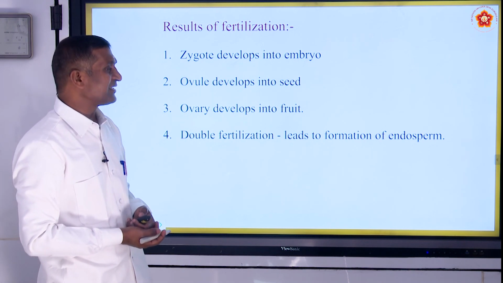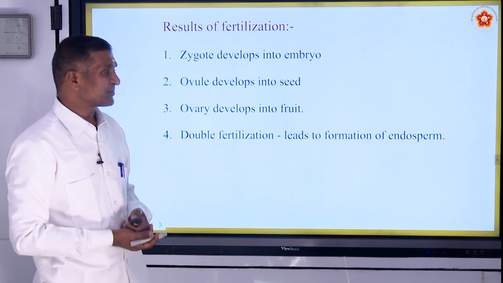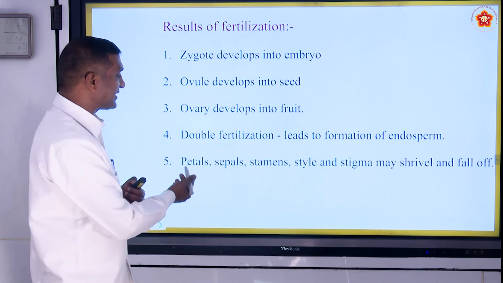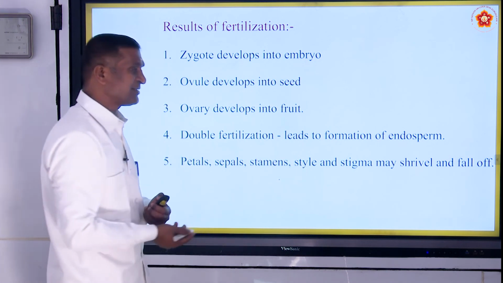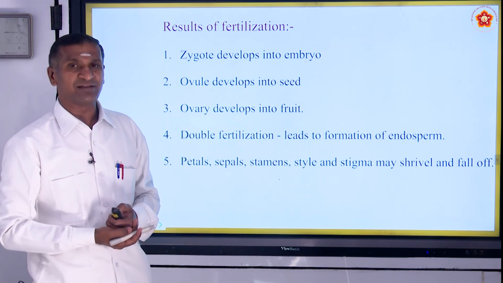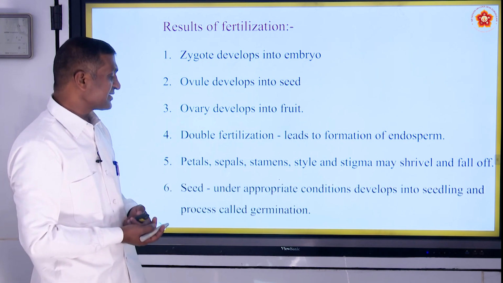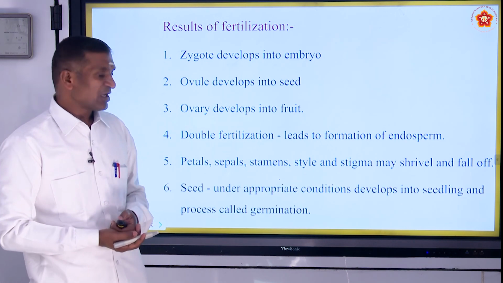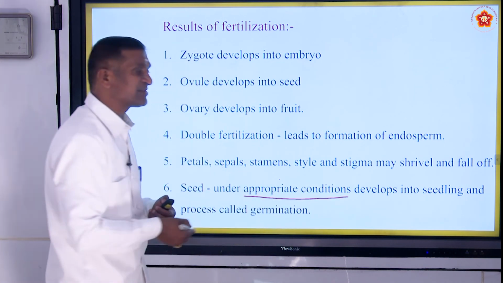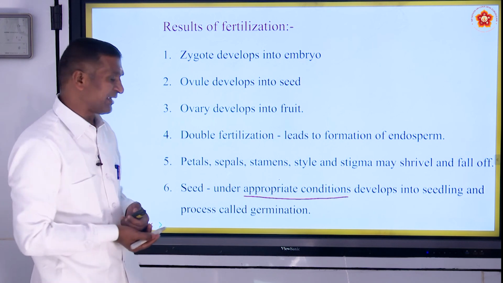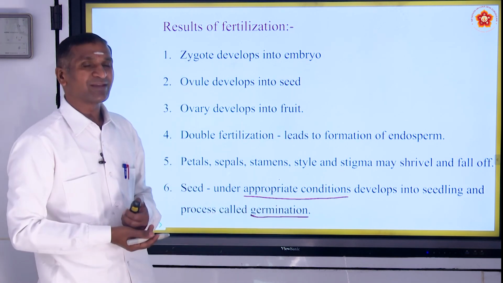The double fertilization leads to formation of endosperm, and the petals, the sepals, the stamen, the style and stigma may shrivel and fall off. The seed, under appropriate conditions, develops into a seedling, and that process is called germination.